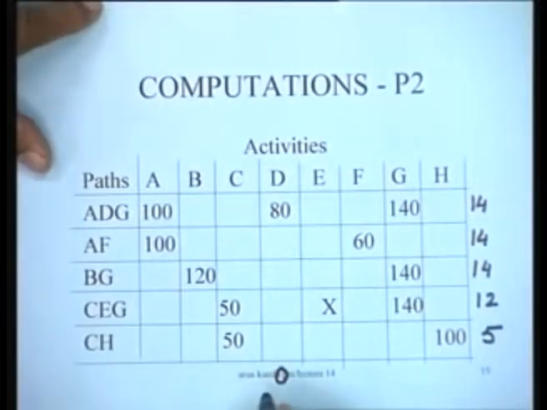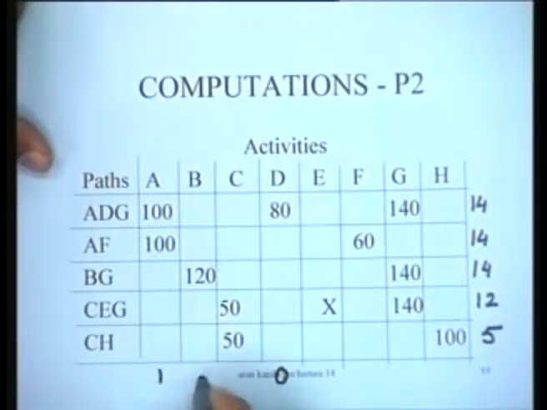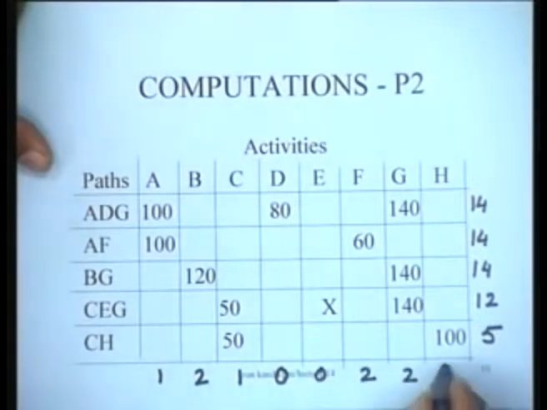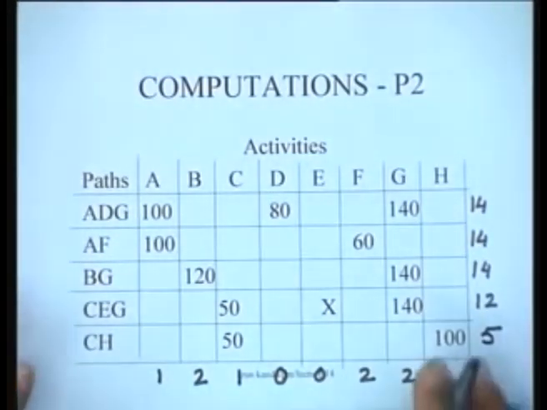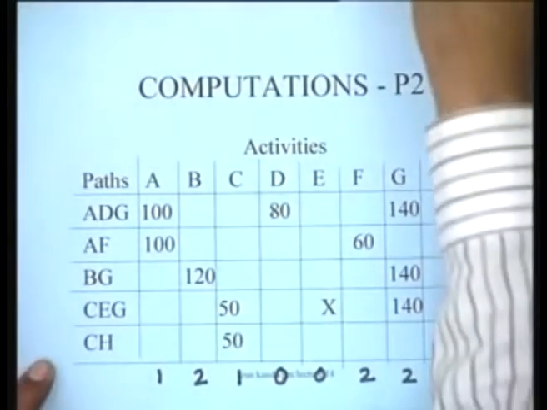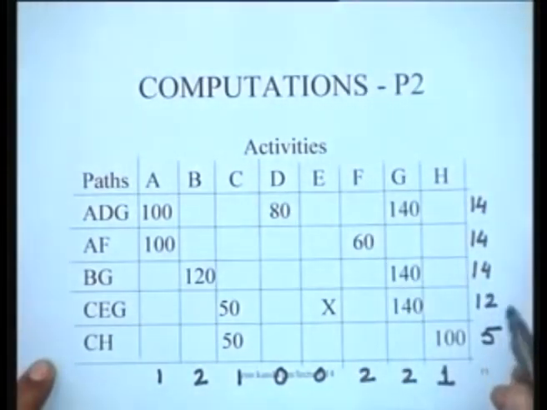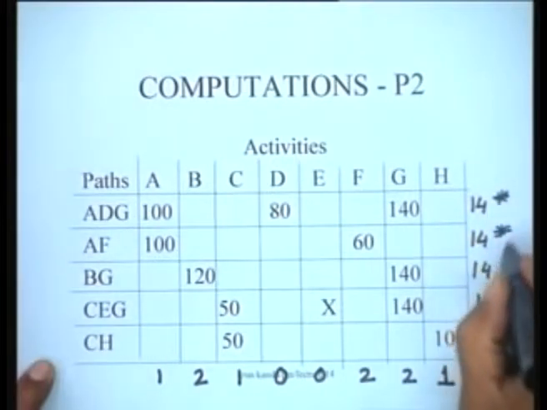So the availability of D is now 0. It could be crashed by 2, it has been crashed by 2. Whereas the others remain the same. So 1, 2, 1, and then this is 0, and this is 2, 2, 1. This is the kind of information that we have at this stage. The interesting thing now is that originally there was only one path which was critical. Now all these 3 paths have become critical.